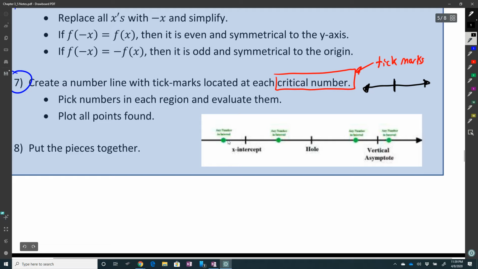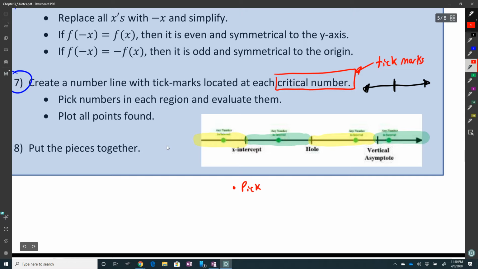And all they want you to do is pick values in each region. So in this little example, notice that there's a region here, there's a region here, there's a region here. So the critical numbers split your graph into regions. And all they want you to do is pick an x value in each region.